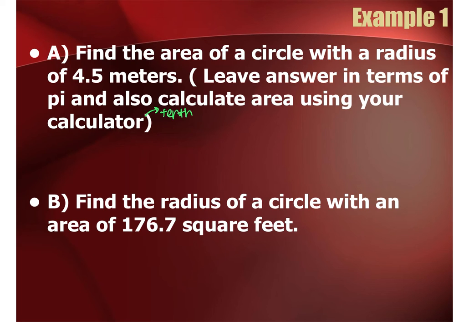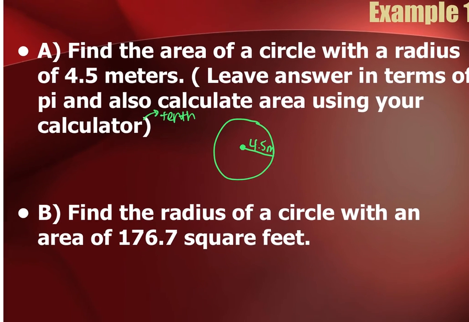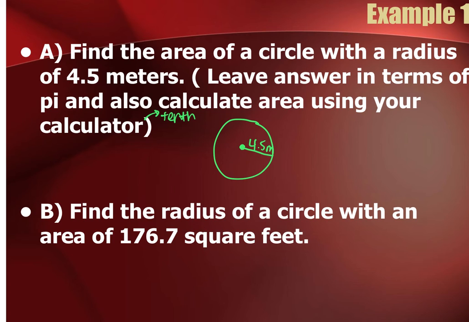All right, so it says find the area of a circle with a radius of 4.5 meters. I don't know about you guys, but I like to draw a picture, draw a circle. And the only thing we know about this circle is that its radius is 4.5 meters. Okay, how could we figure out the area of the circle? Giselle?